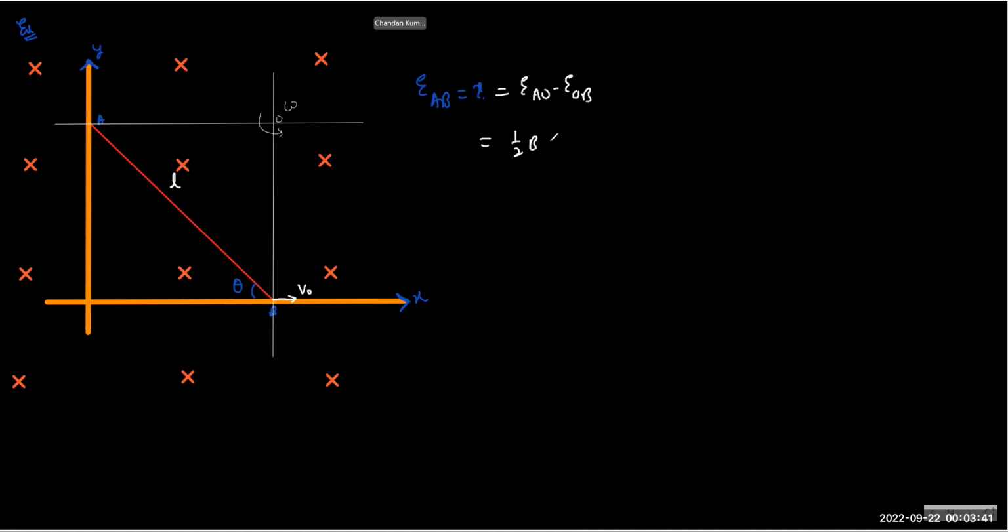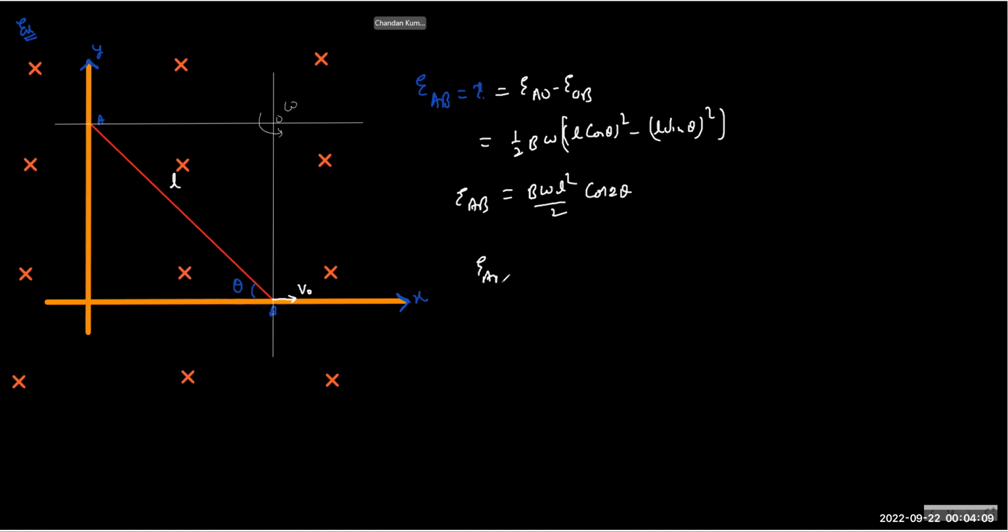Half B omega. How far is A from O? L cos theta. Yes, sir. So we are done, right? It is B omega L square by 2, and cos square theta minus sin square theta is basically cos 2 theta, right? Yes.